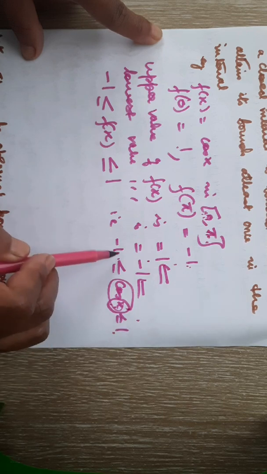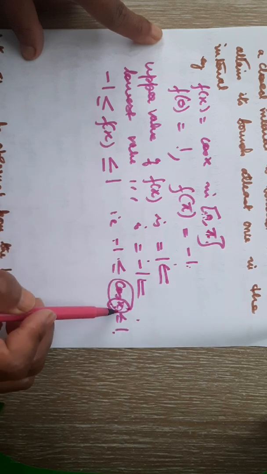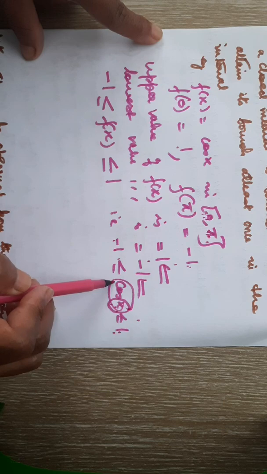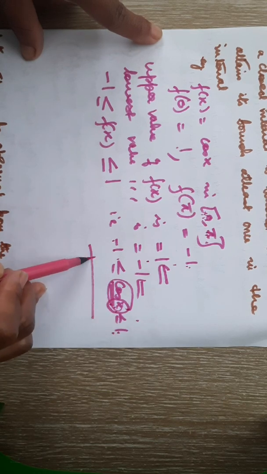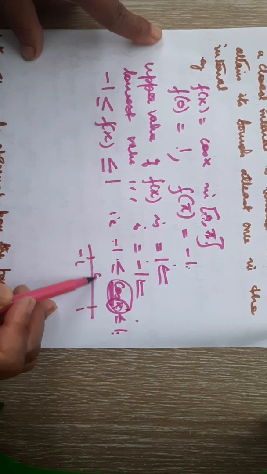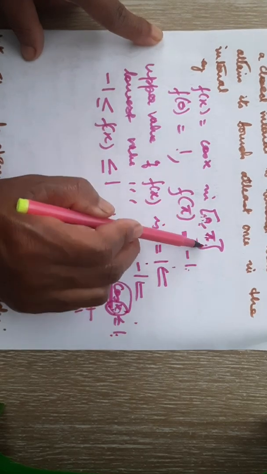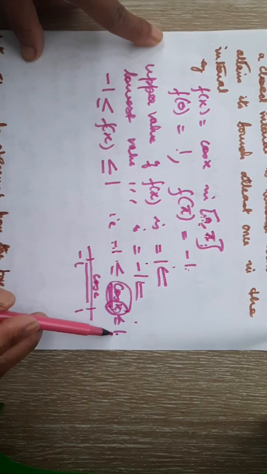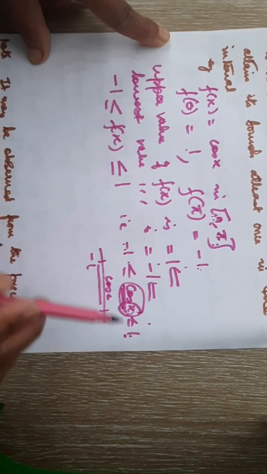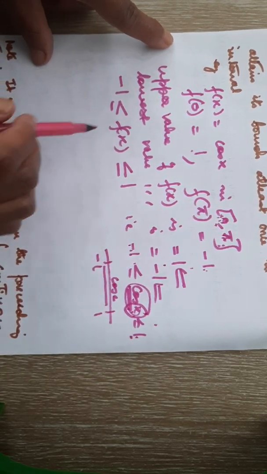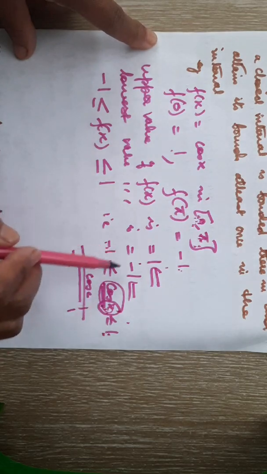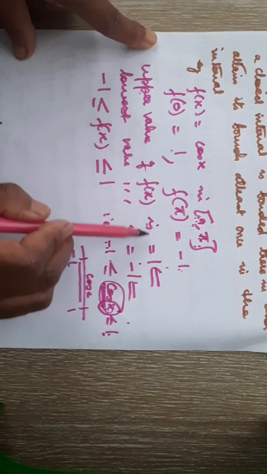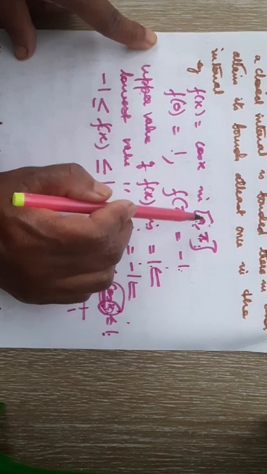It cannot be less than minus 1 or greater than 1. So cos x in the interval 0 to pi will always lie between the minimum value minus 1 and the greatest value 1. So here the maximum value, or the upper value of f of x, is 1, and it is attained within this interval only.